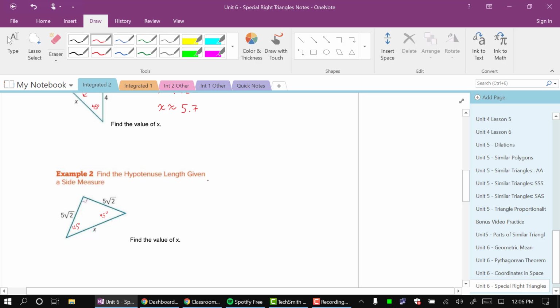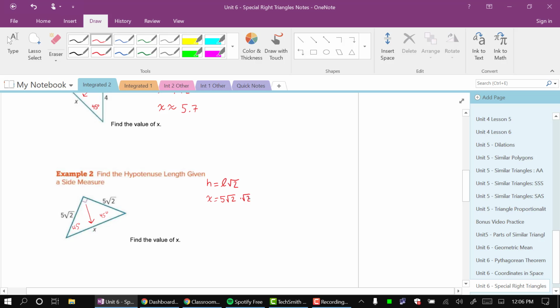So we're going to use our theorem: hypotenuse equals leg times the square root of 2. Plug in the values that we have. x is our hypotenuse, because that's opposite the right angle. One of our legs is 5 times root 2, and then we have times another root 2.